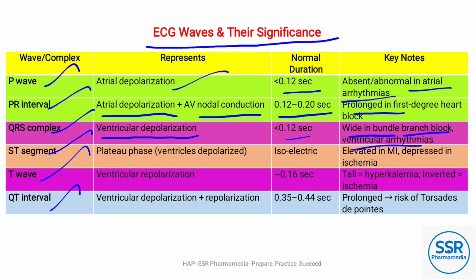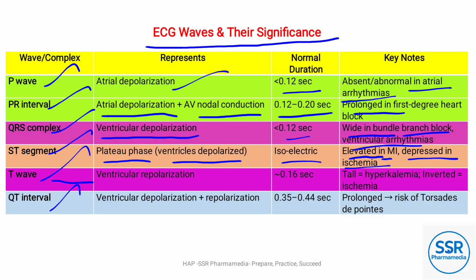The ST segment is the plateau phase, when the ventricles are depolarized. Normally it is at the isoelectric point. In this phase it is elevated in myocardial infarction and depressed in ischemia.